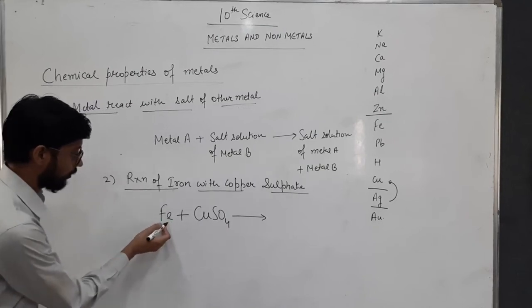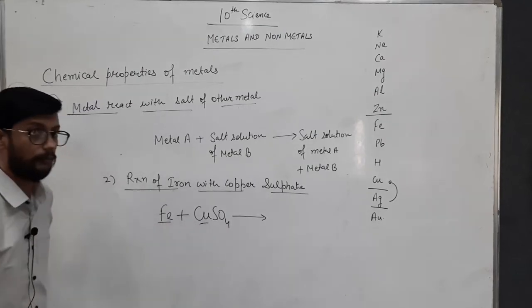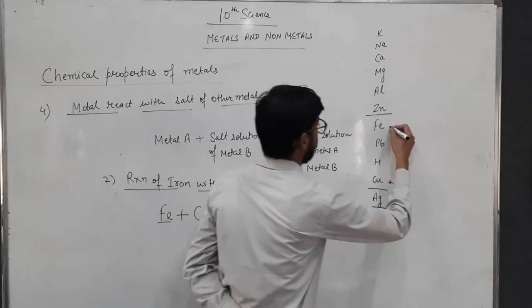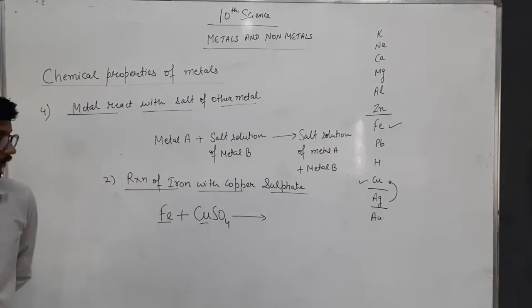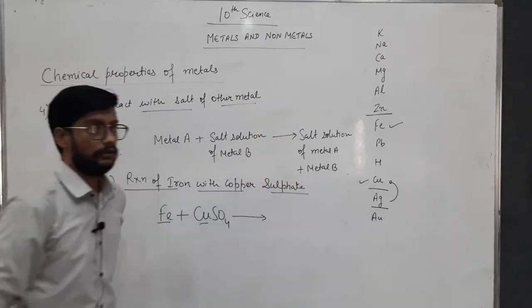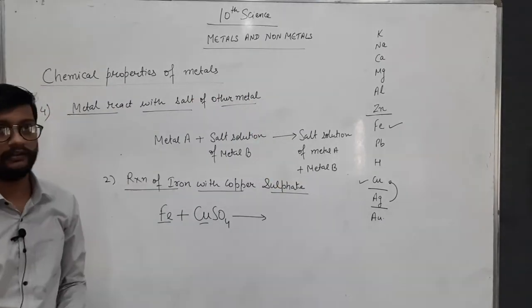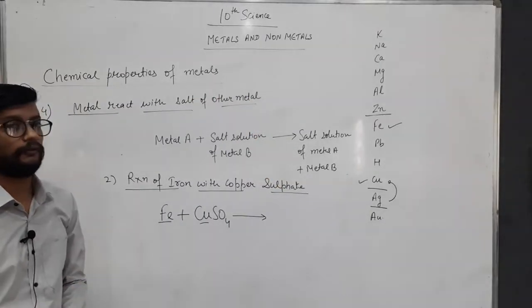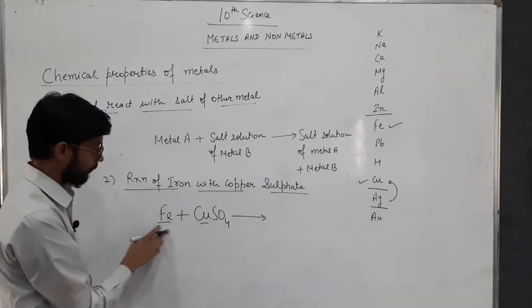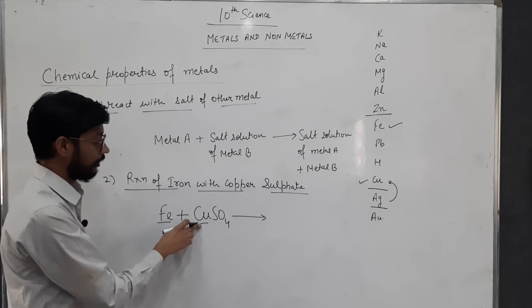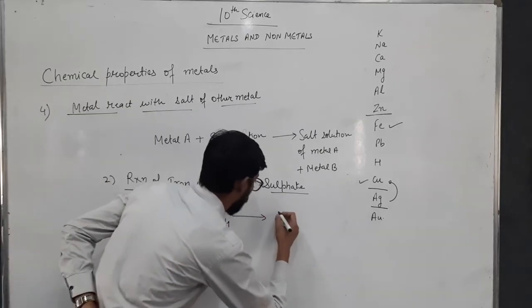You have to check whether this iron is more reactive than copper. So iron comes here and copper comes here. This iron is more reactive because down the reactivity series, the reactiveness of metal decreases. So this iron is more reactive than copper, so this iron will displace copper as we have discussed earlier.